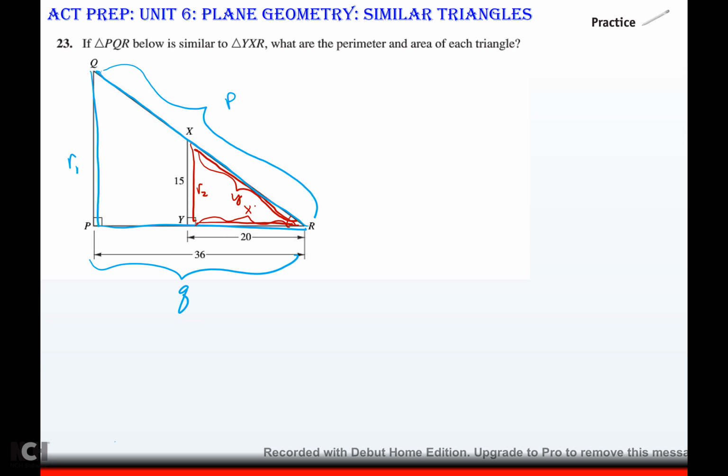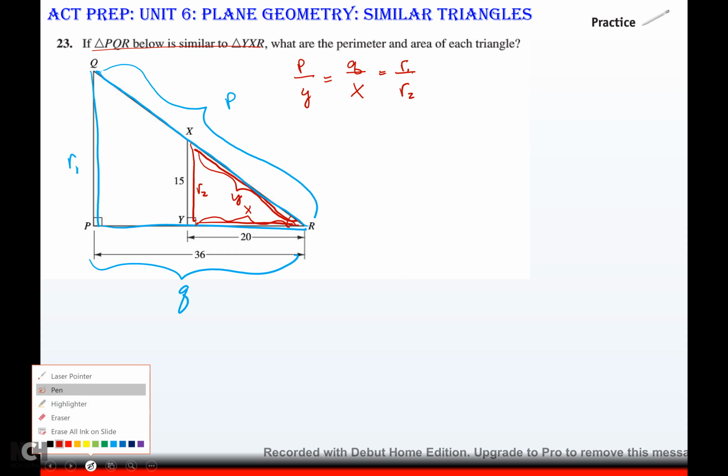Alright, so we know from this statement that little p corresponds to little y, and little q corresponds to little x, and little r1 corresponds to little r2. So if I plug in those numbers, little p, I don't know, corresponds to little y, I don't know.